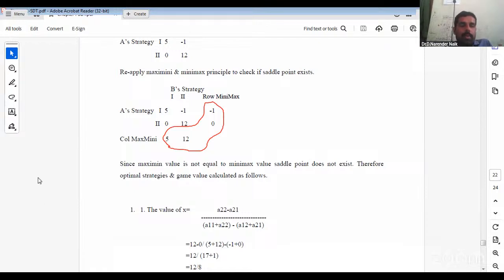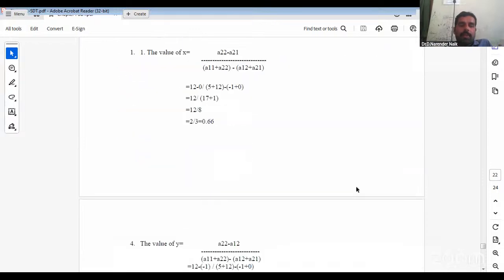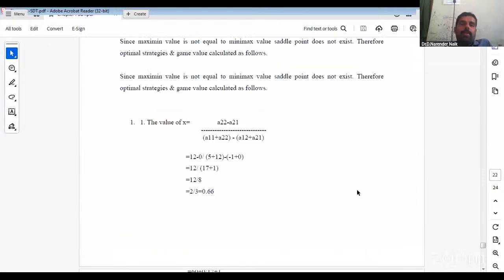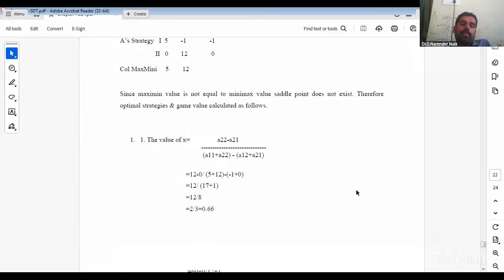We have to calculate the value of x, the value of y, and the value of v. The value of x is equal to a22 minus a21 divided by a11 plus a22 minus a12 plus a21. Then you do the calculation part.